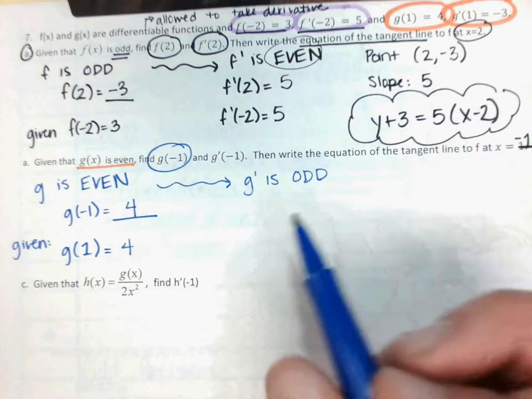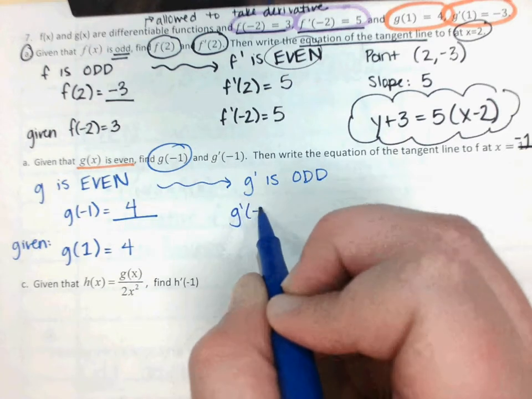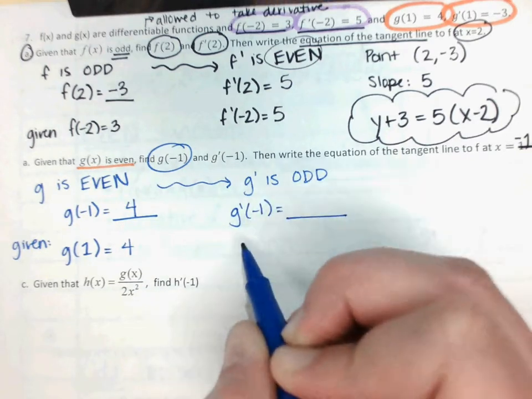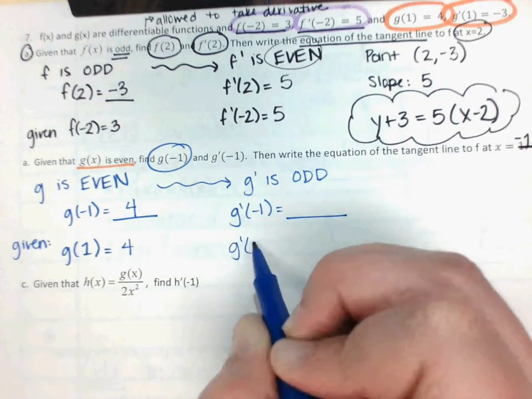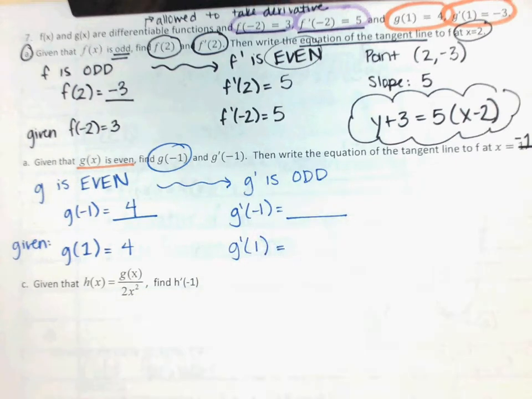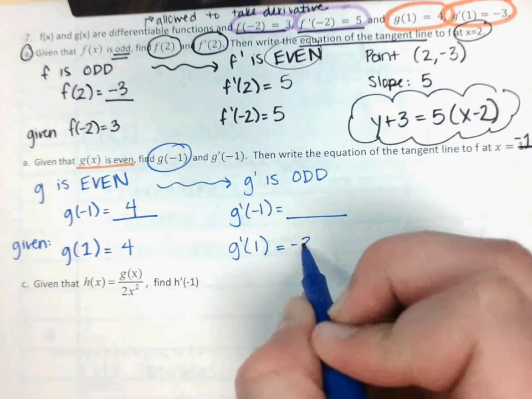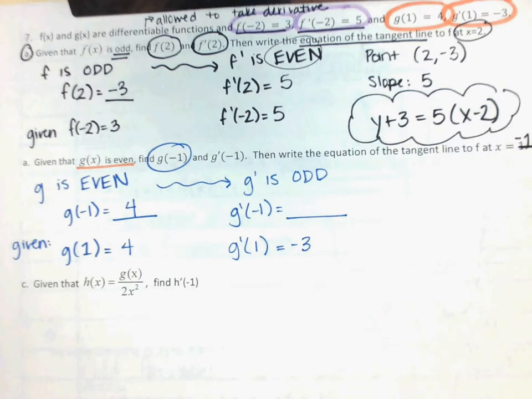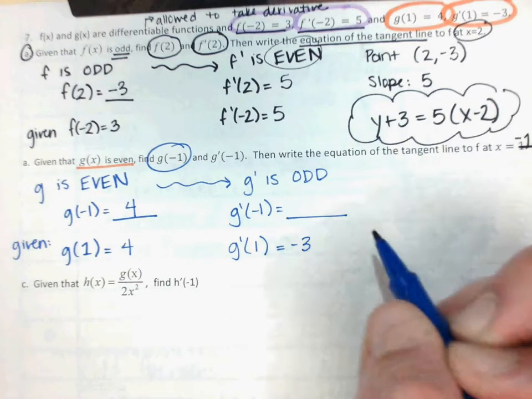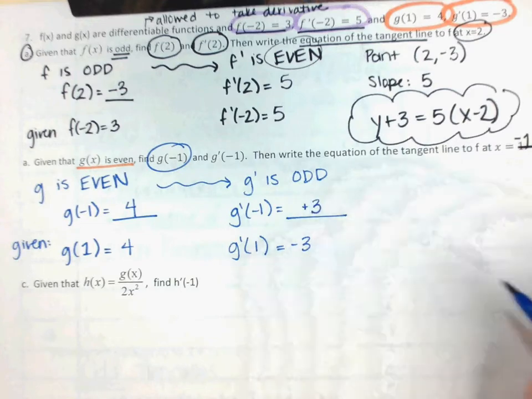And if g prime is odd, and I want g prime of negative 1, then I need to use what I was given about g prime of 1. What's g prime of 1? Negative 3. And if g prime of 1 is odd, then g prime of negative 1 would be positive 3. It was given up here at the top.